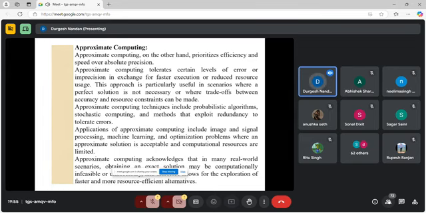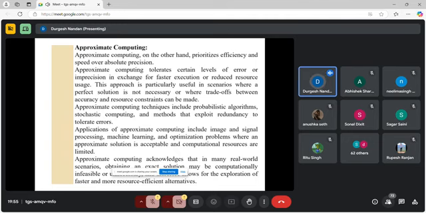What are the benefits of approximate computing? From the example, I clearly told that it is useful where efficiency or accuracy is not the topmost priority, and the priority is speed, performance, all those things.